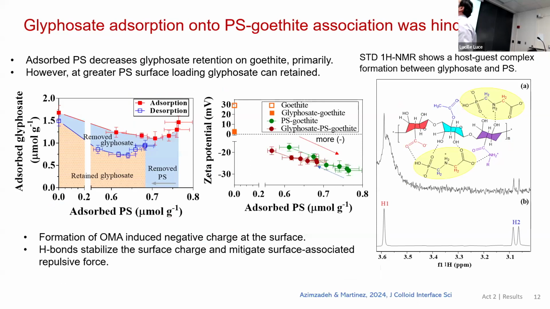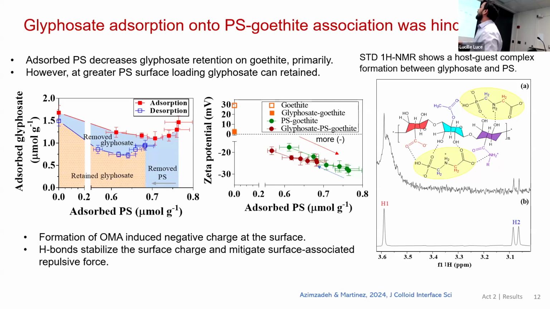This is batch study data I'm showing here. First, look at this plot on the left side. I think this red line shows absorption of glyphosate with increasing loading. We found that with loading more polysaccharide, glyphosate absorbs less.